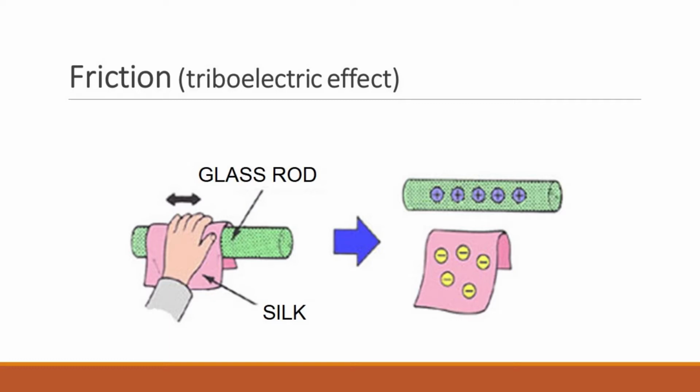What happens is that the glass rod will transfer electrons from the outer orbits of its atoms to the silk, and then the silk will get negative electric charge, and the glass rod will get positive electric charge. So by rubbing two objects of different material, we might get electricity, so to speak. One object will get positive charge and the other object will get negative charge.